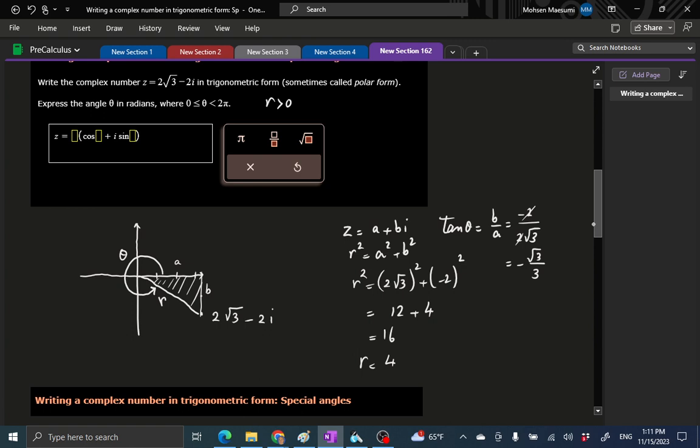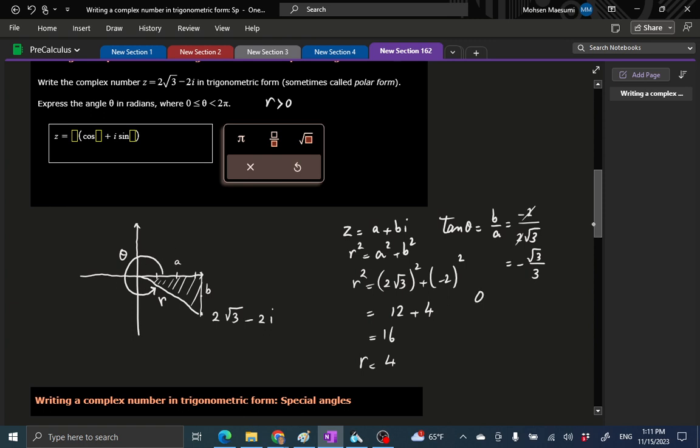So this tangent, we can solve by calculator, by memory, or look at our table. This is minus 30 degrees, but we want it in a positive direction.